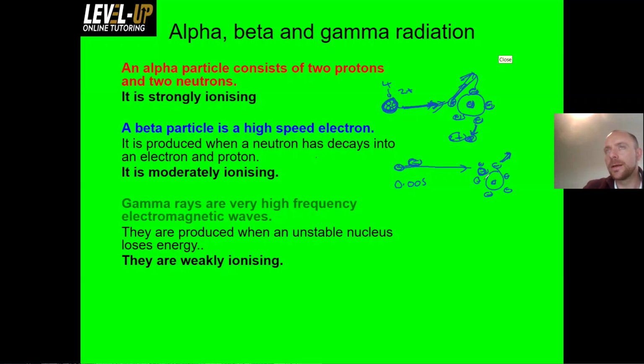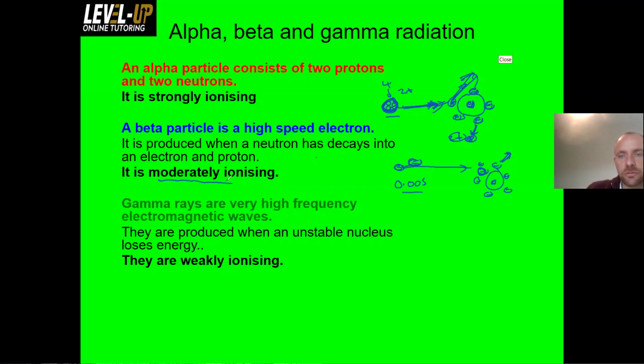It might happen, but it's not going to be as obvious as a football kicking out a ping pong ball. The football's going to give it a good boof, and it's going to kick out an electron. Whereas a ping pong ball trying to kick out a ping pong ball is not going to be so obvious. So it can ionize, but definitely not as strongly as an alpha particle.